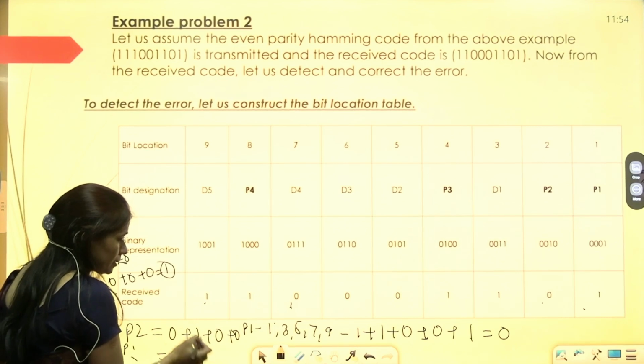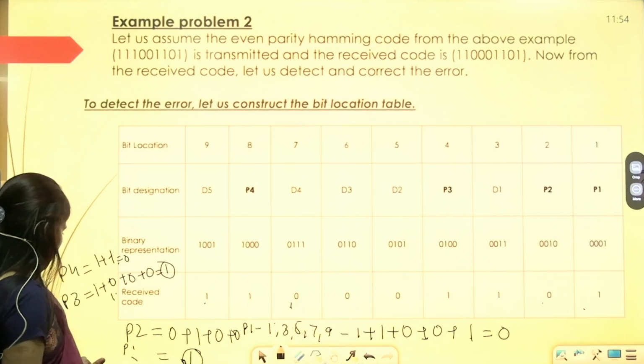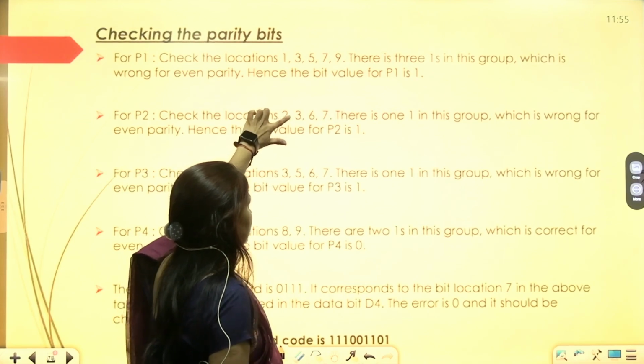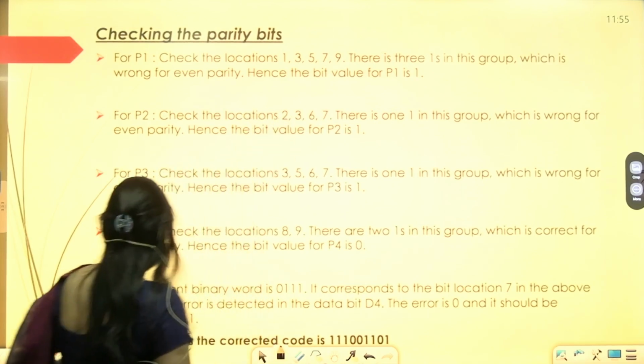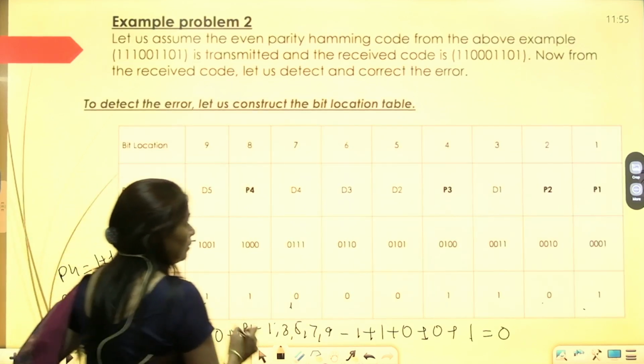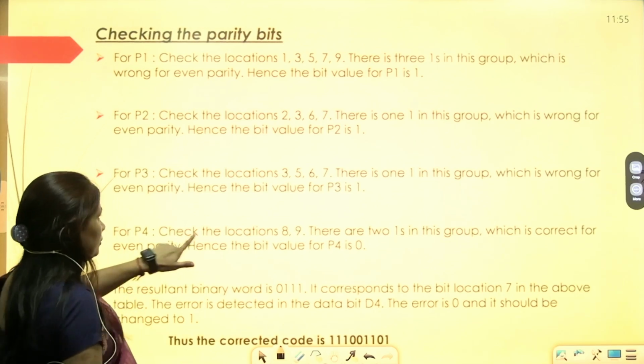Which position has the error in the message? We will check. The common digit is 3. Check the location.